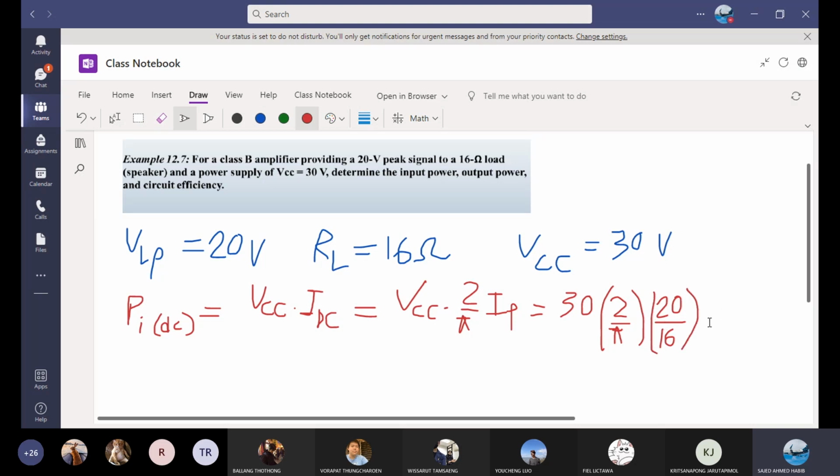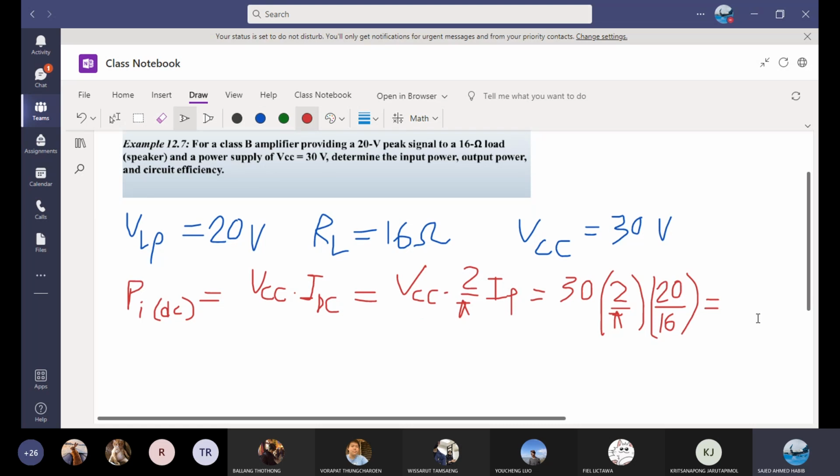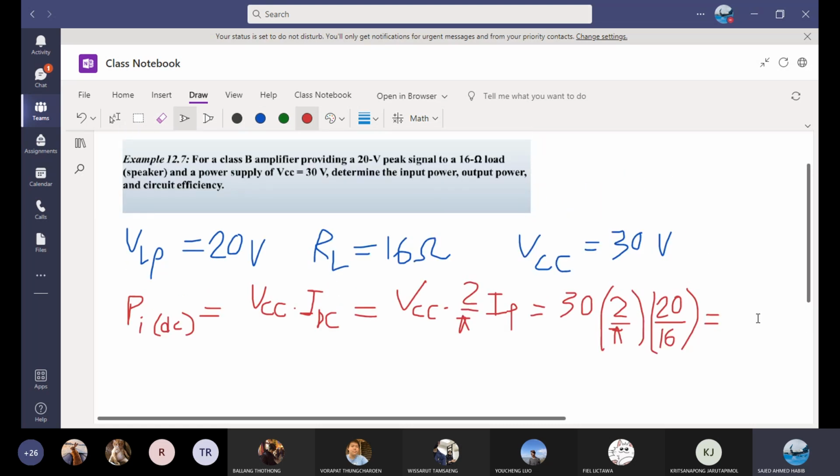What is the value of input power? 10.12. Is that correct? 60 times 20 is 1200, divided by pi, about less than 400, and then divided by 16.